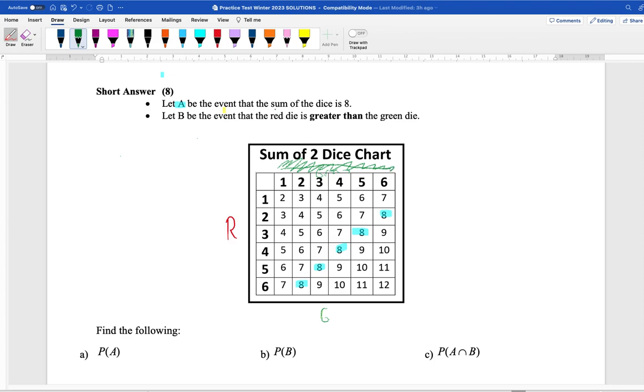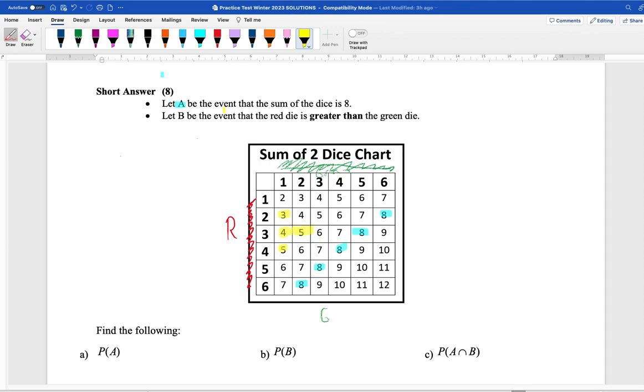There's the green die. There's the red die. So the red die has to be greater than the green die. Okay, 1 and 1 is never going to happen. 2 and 1, this is happening here. So 2 is bigger than 1. The 3 is here and here.